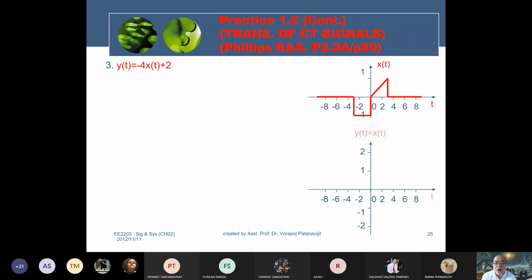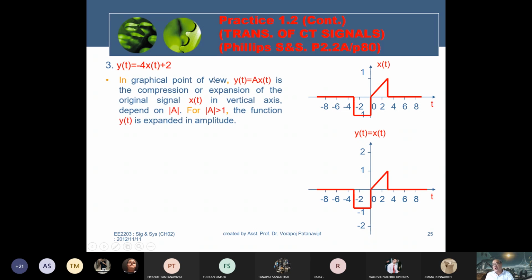The next one is the same as the previous again: y(t) = -4x(t) + 2. It has all three, so there is more. The 4 represents amplitude scaling, the minus represents amplitude reversal, and the plus 2 represents amplitude shifting. If we have all three amplitude transforms, you must take the amplitude scaling first.